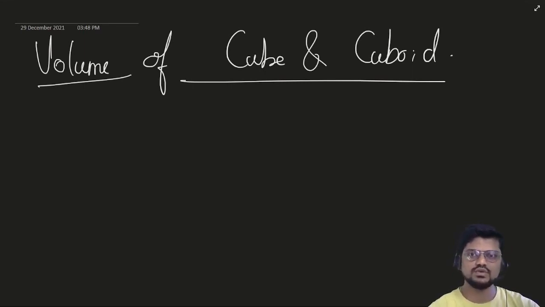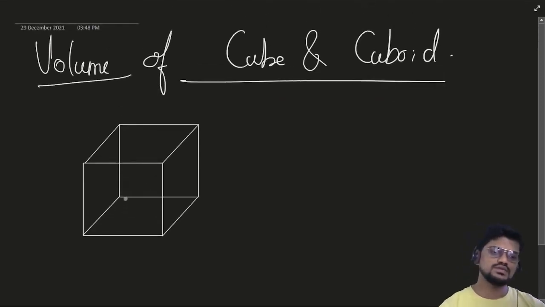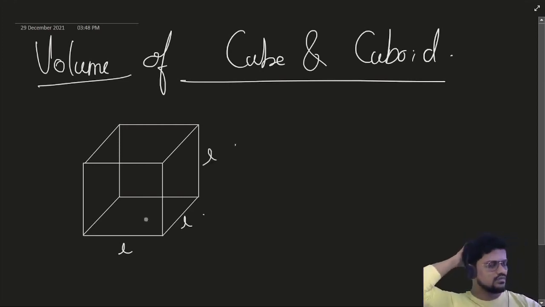So what exactly we do in a cube is, suppose these are the sides of the cube, and L is the side of the cube, and this is also L, and the height is also L. To find the volume, we find the base area, and if the same area is being repeated throughout the height, you multiply with the height and you'll get the volume.